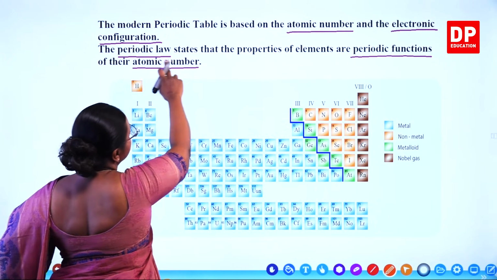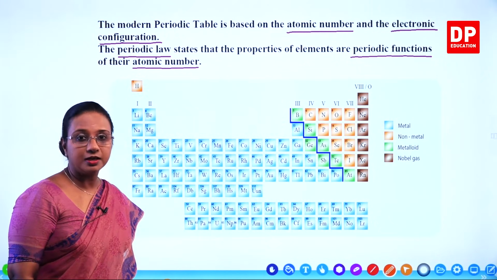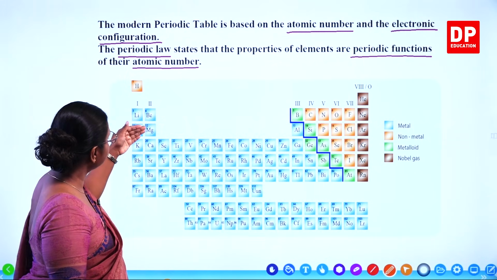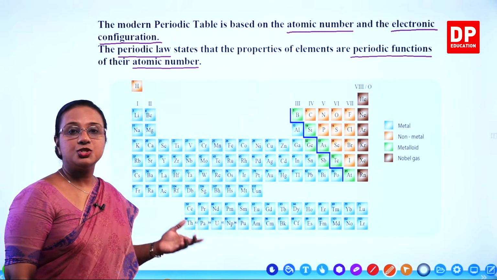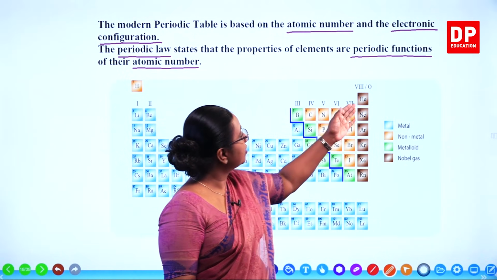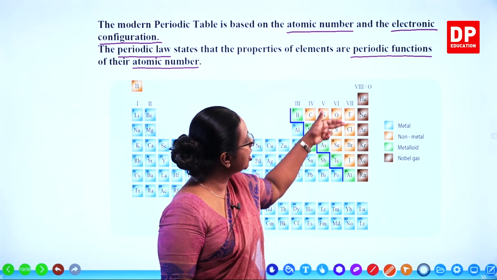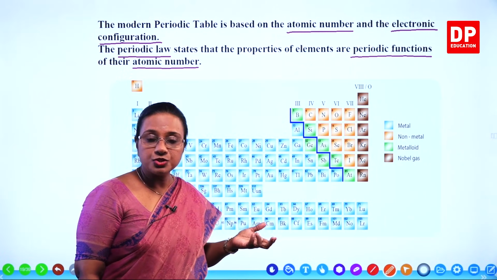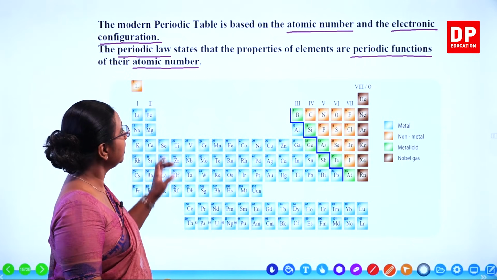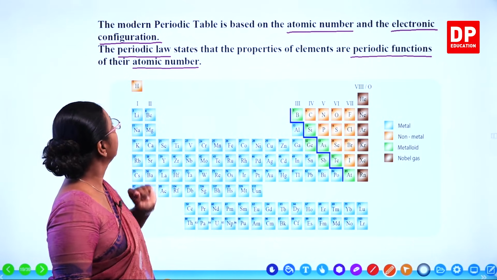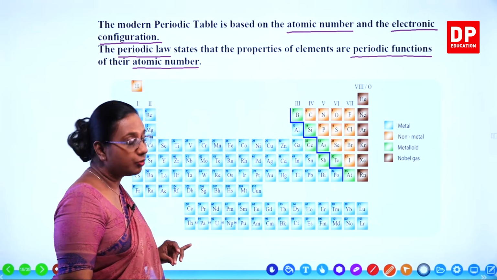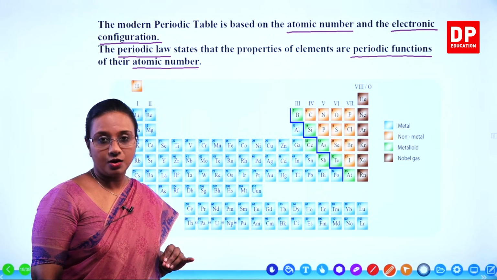That is what we mean by this periodic law. Not only this, if you look at elements like beryllium, magnesium, calcium, they show similar properties. On this side, you can look at elements like helium, neon, argon. They also show similar properties. So, the periodic table is based on atomic number and electronic configuration, and it obeys the periodic law.